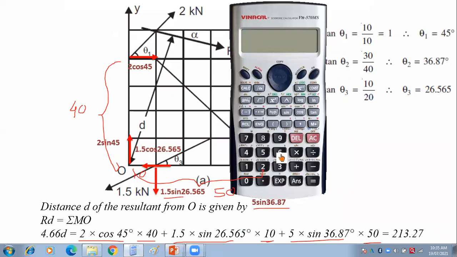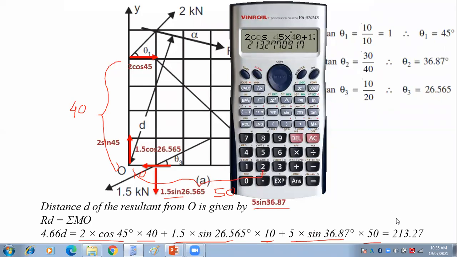Now put the values. 2 cos 45 into 40 plus 1.5 sine 26.565 into 10 plus 5 sine 36.87 into 50.